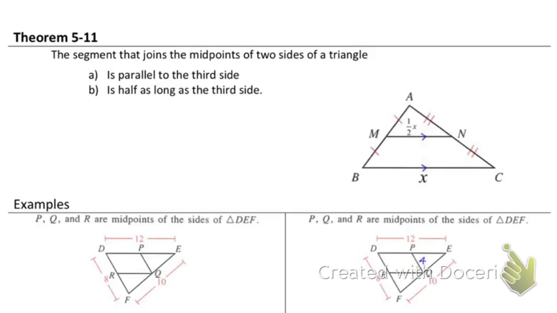Let's do an example off to the side here. Let's draw this. All right, so I have triangle, let's call it A, B, C. Now we're going to draw a line right there. And I'm going to put little marks showing that those are midpoints.